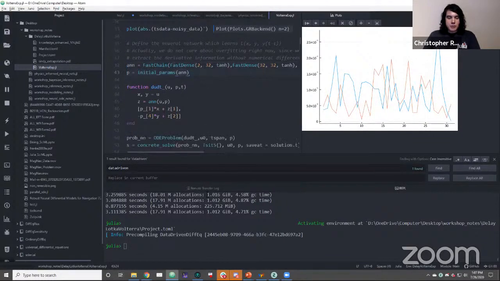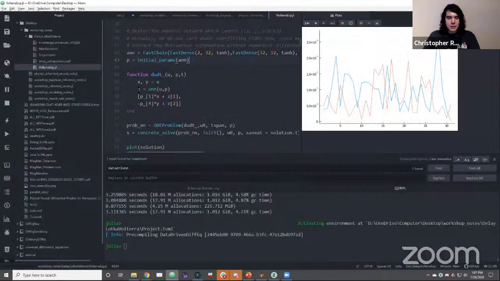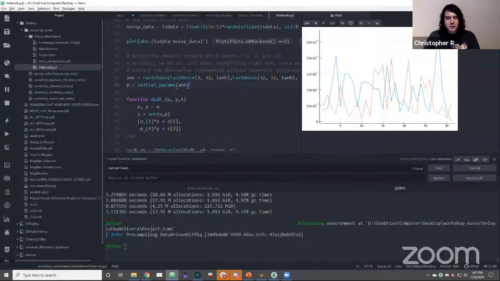So now what I want to do is define this universal differential equation. The way that I define it is I define an ODE where I have a neural network be these portions, and I have the actual terms be written in here. So here I'm just working with the assumption that let's say I knew these parameters.